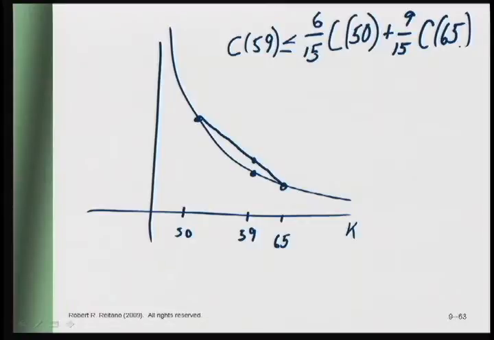All right, so we're closer to 65. We put more weight on that price. So this price should be less than 6/15, which we can also express as 2/5. And then the question is, is that the case?